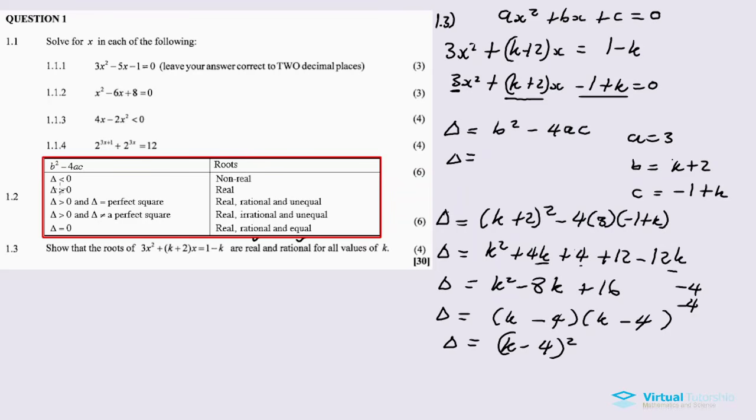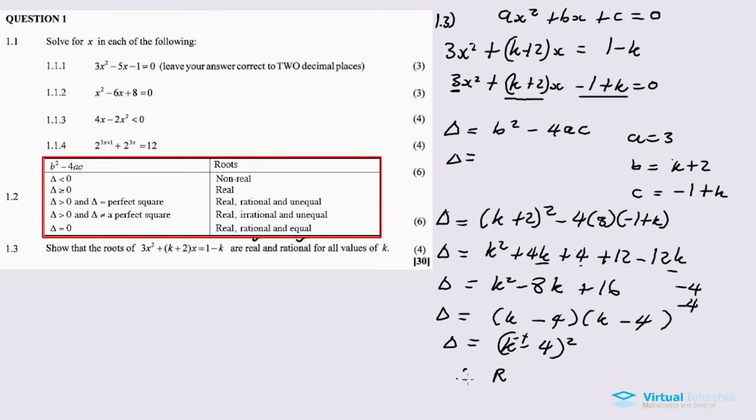So our discriminant, for all values of k, will be positive. It will be positive because if I put in a negative k, because of the square, my answer will come out positive. Always my answer stays positive because of this square. Whether k is negative, positive, a fraction or whatever, because of the square my answer comes out as a positive value, and it will be real.